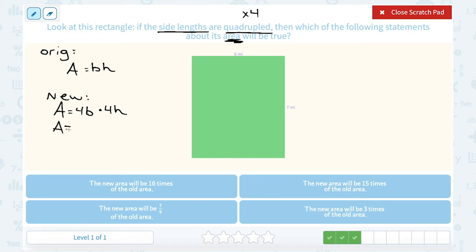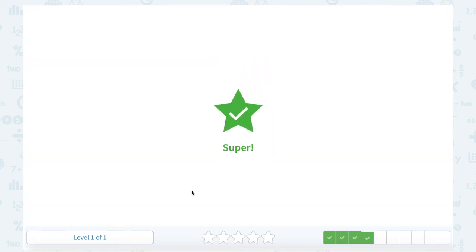Well, 4 times 4 is 16, so it's going to be 16 times bh. So hopefully you can see that it's going to be 16 times bigger when I quadruple both of the sides, which should make sense. I'm multiplying each of the sides by 4, so when I multiply them together, I'm multiplying 4 times 4, or making it 16 times bigger.